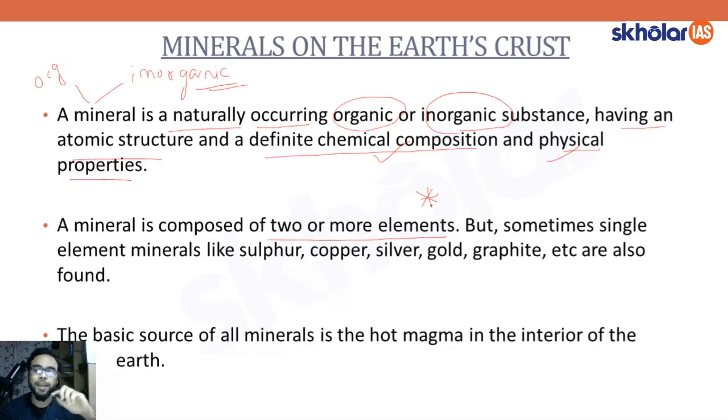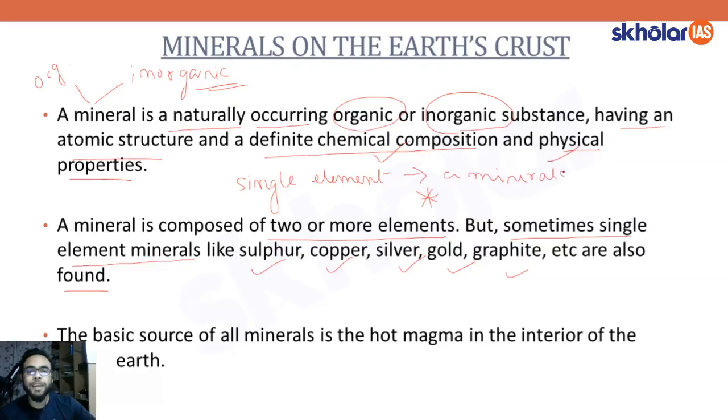We have already said, right? A mineral is composed of 2 or more elements, but sometimes single element minerals like sulfur, copper, silver, gold, graphite also are found. Meaning what? Minerals can occur as a combination of 2 or more elements, or a single element can also constitute a mineral. And what are the examples of this kind of minerals? Sulfur, copper, silver, gold, graphite.